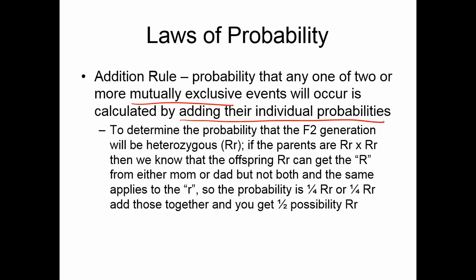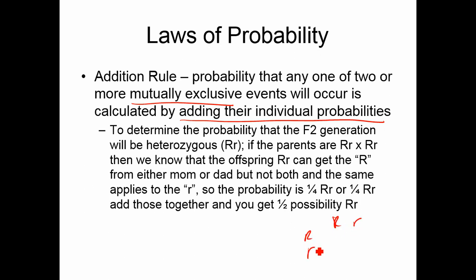To determine the probability that the F2 generation will be heterozygous, if the parents are both heterozygous, then we know that the offspring, big R, little r, can get the big R from either mom or dad, but not both, and the same applies to little r. So the probability is 1/4 you're going to get one heterozygous combination, and 1/4 the other, and you add those together and you get a half probability. So think about that Punnett square.